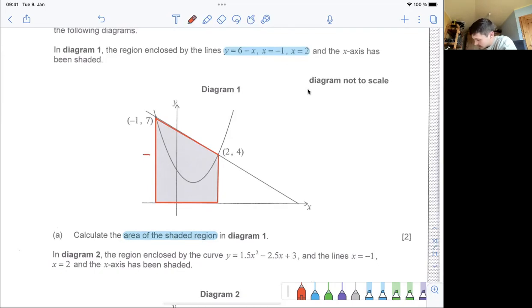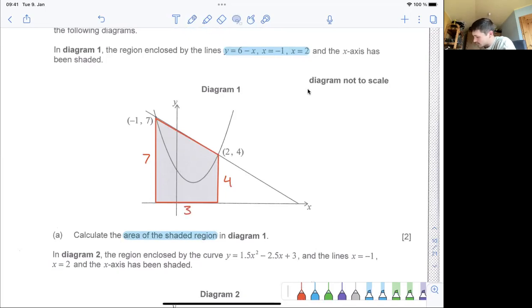So the length of this side is 7. The length of the other parallel side is, once again, from the x-axis, y equals 0, up to y equals 4. So that has a length of 4. And then the height is 3.